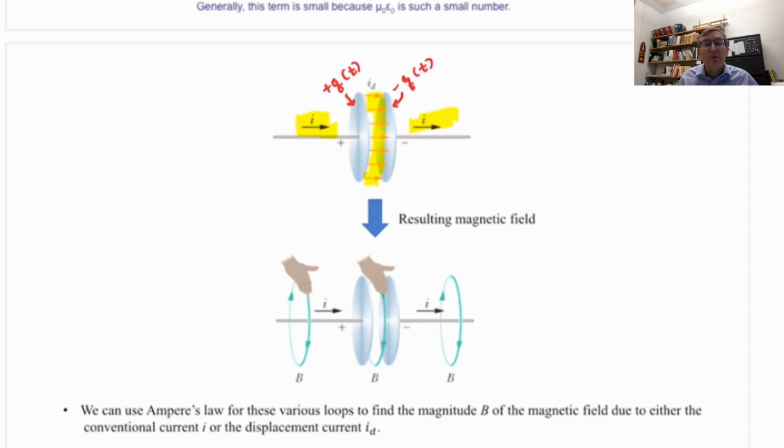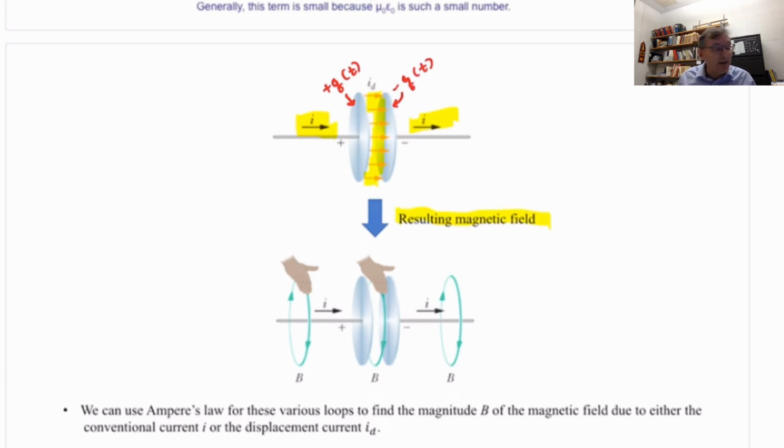I_D total equals I. Just think of it as current in the wire, then spread out uniformly in the region between the plates, and then in the wire again. But current produces magnetic field. So what is the resulting magnetic field that comes from these currents that we see?